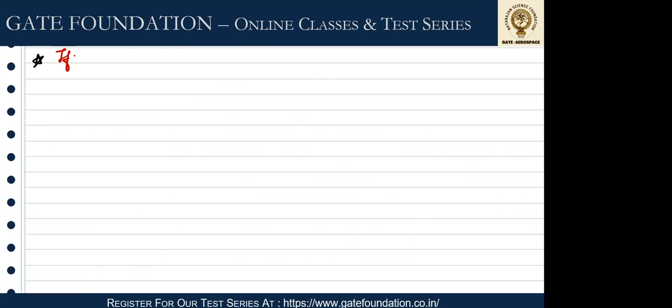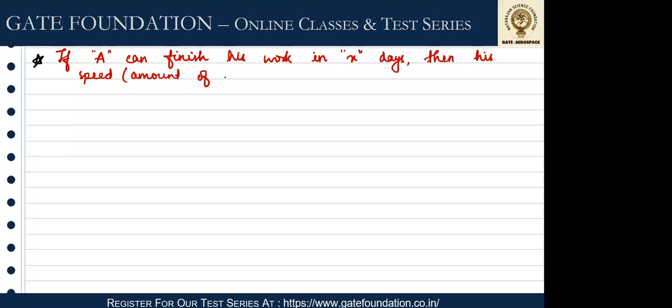So पहला point ये है, if there is a person A who can finish his work in X days, then his speed, basically speed हम ये बता रहे हैं, the amount of work done in 1 day. एक दिन में कितना काम होगा, अगर x days में पूरा काम हो रहा है तो एक दिन में 1 by x of the entire work.